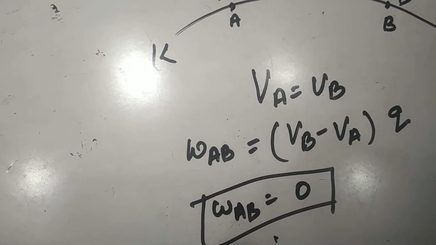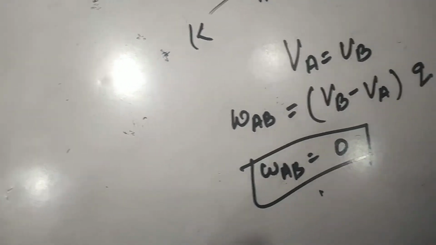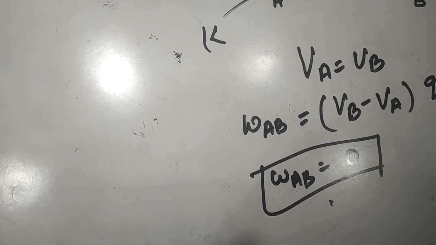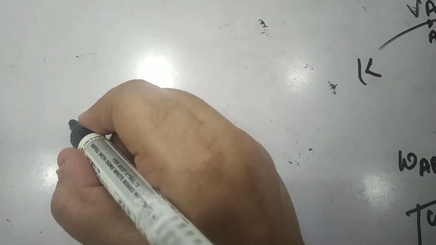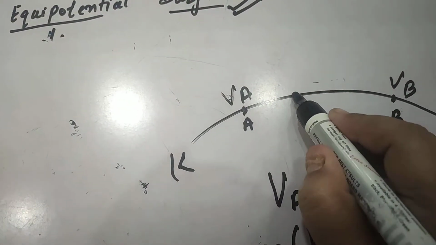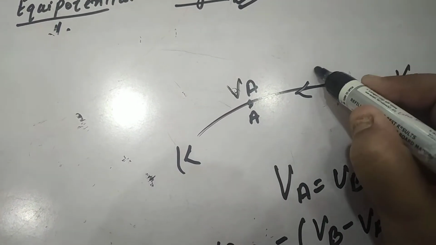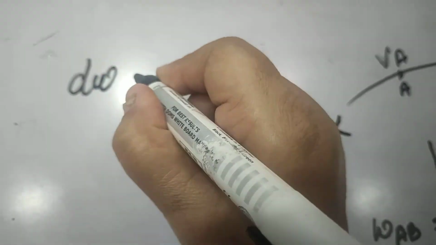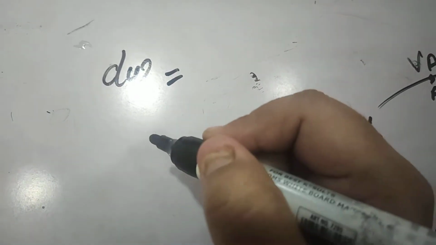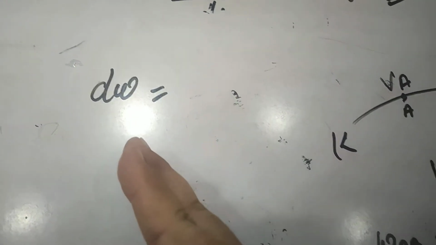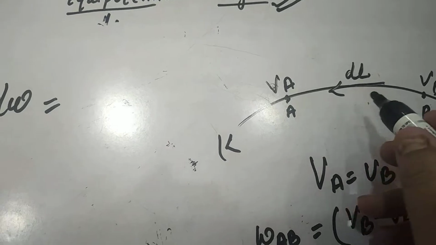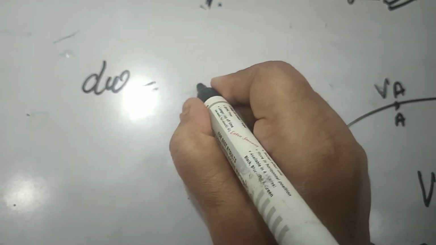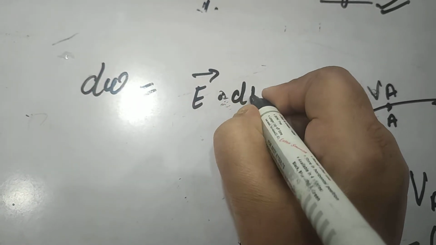Now we have to prove that the field lines are always perpendicular to the surface. Let us consider a small length element dl over this surface. Then the small amount of work done in displacing the unit positive charge through a distance dl is given by E vector dot dl vector.